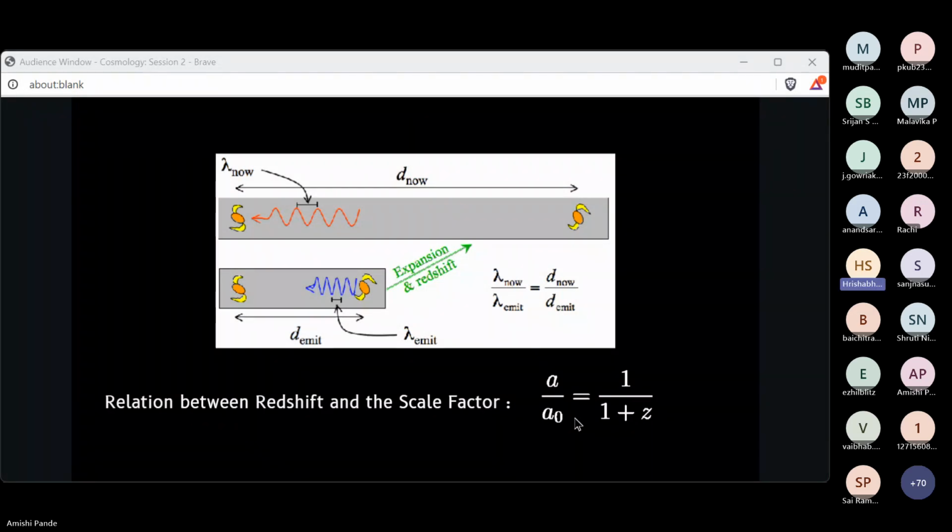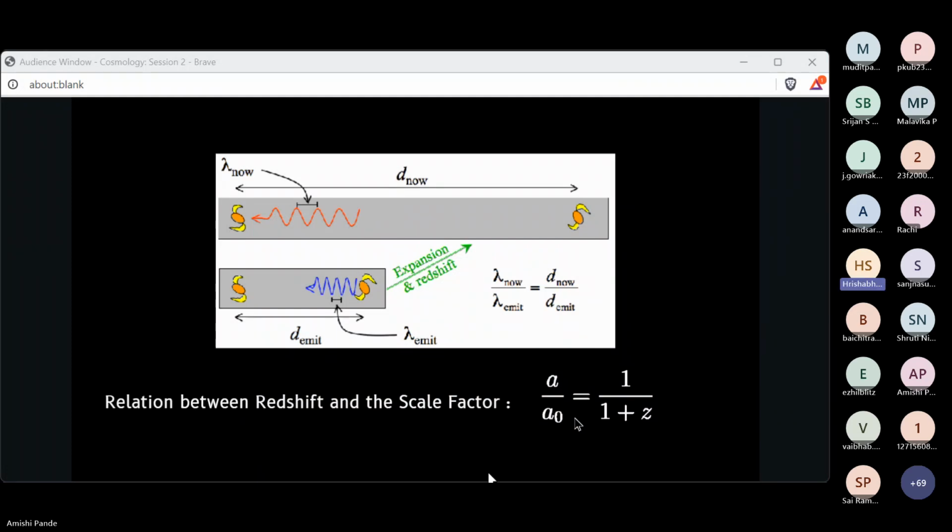We call a the scale factor and z the redshift. So it was more convenient for us to use the term z than a, because it was weird if I kept on saying that the Andromeda galaxy is this much far away from us, it is at a scale factor of 0.83. If something is far away, how can it have a value of a metric which is less than 1? So that is why we use z.